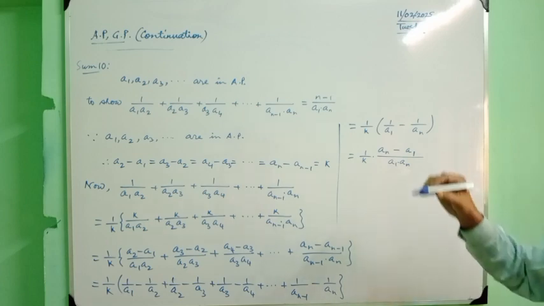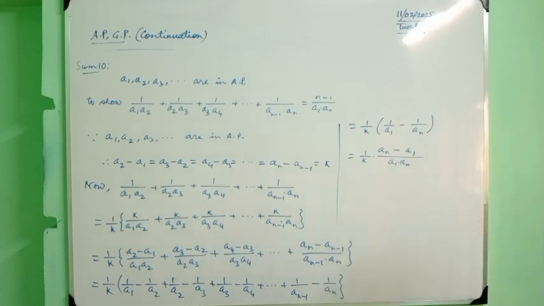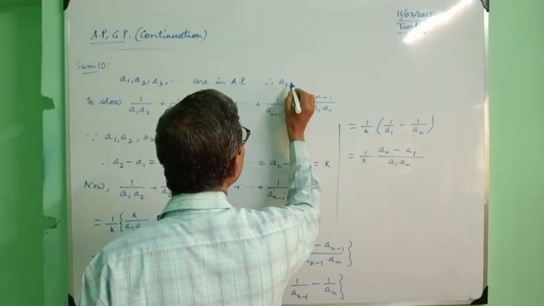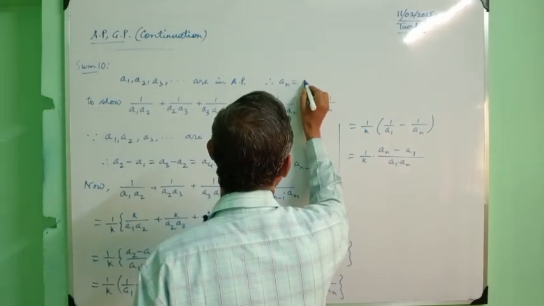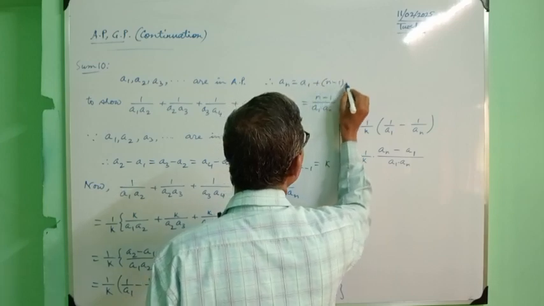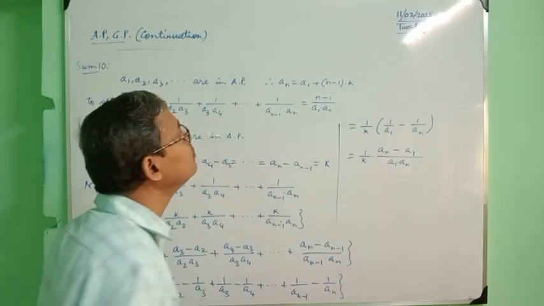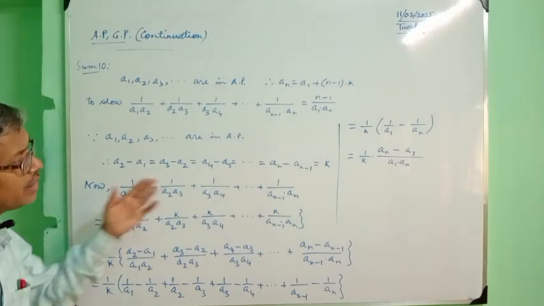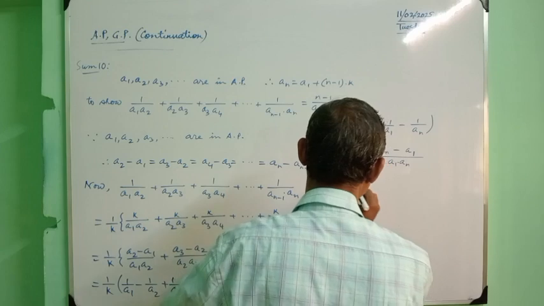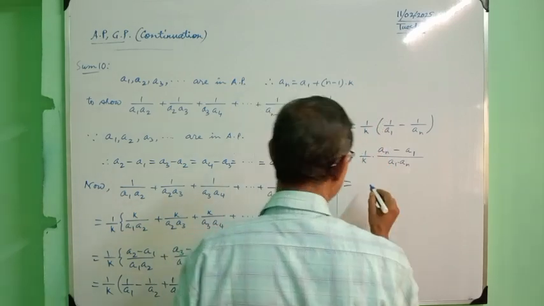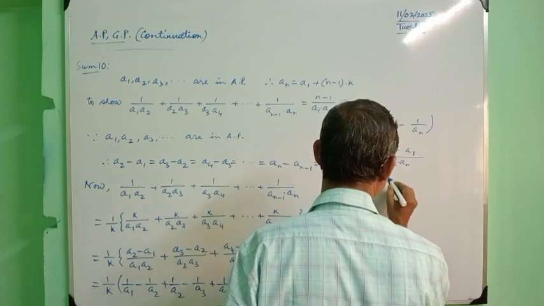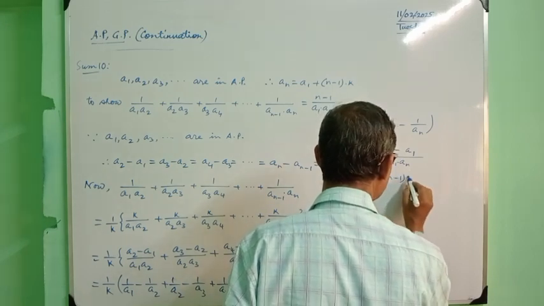Now since A1, A2, A3 dot dot dot are in AP, therefore the nth term, that is AN, will be equal to A1 plus n minus 1 whole into k. I have taken k as the common difference. Therefore, from this we get 1 by k into n minus 1 into k.